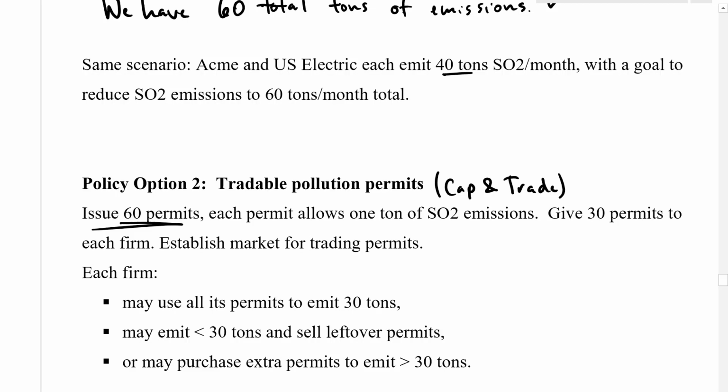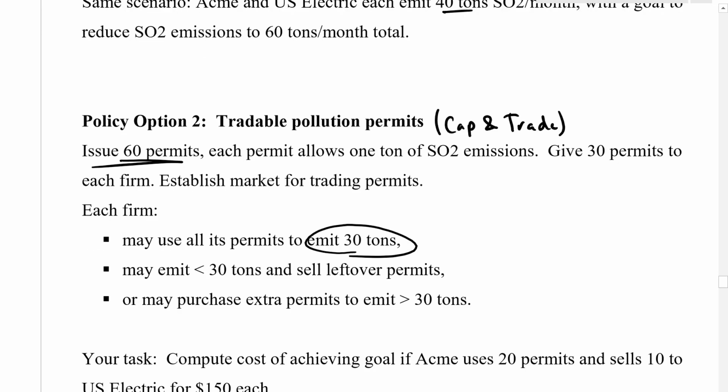But each firm can decide, okay, it could use all 30 of its permits, in which case they would both have to reduce emissions by 10 tons. That would end up giving us the same outcome as the first policy, because they would just each emit 30 tons, reduce 10 tons.